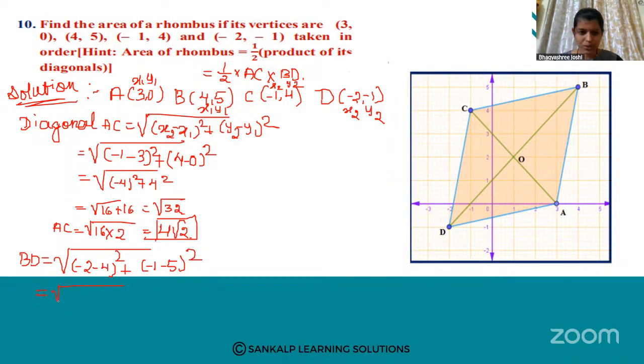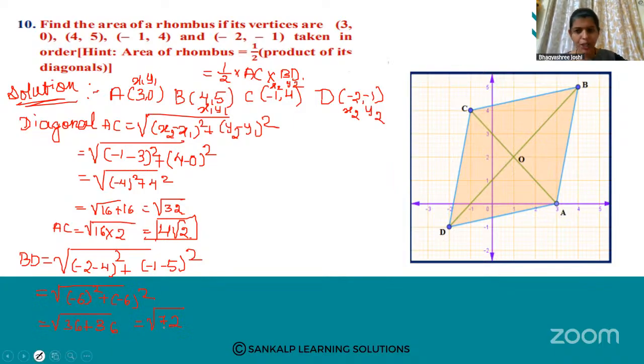Minus 2 minus 4, that is minus 6 whole square, plus minus 6 whole square, that is 36 plus 36. 36 plus 36 makes 72, right? 72.